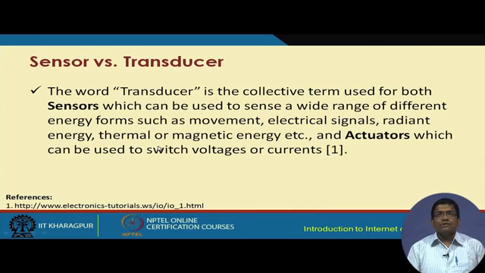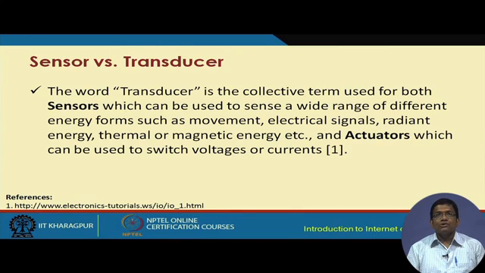So, these terms, sensors and transducers, are very common, they have a lot of overlap, and we have to understand the distinction between these two. There is a lot of misunderstanding, people use these terms almost interchangeably, but there are differences.